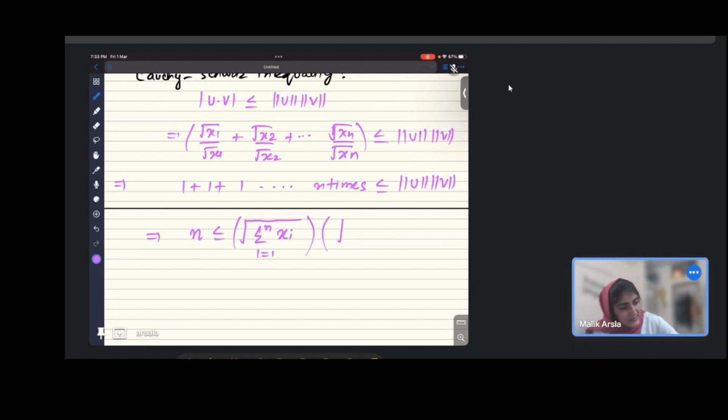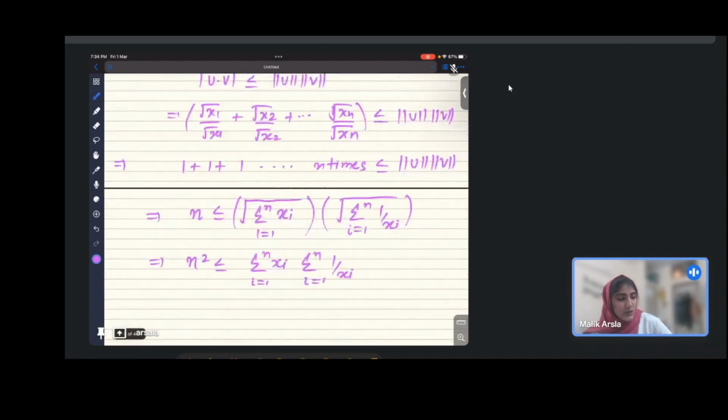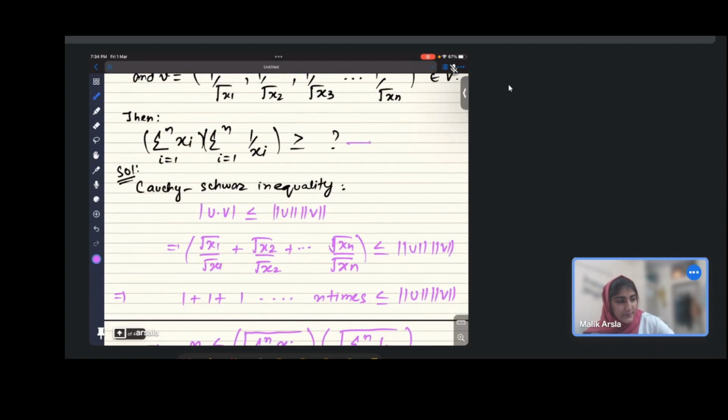Norm of v will be the root of summation of i running from 1 to n, 1 by under root of xi whole square, that is 1 by xi. Now squaring on both sides, n square is less or equal to summation of i running from 1 to n of xi times summation of i running from 1 to n of 1 upon xi. So this thing is greater or equal to n square. Understood? Okay.